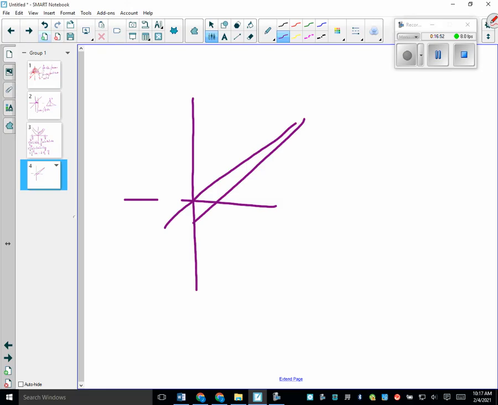Mine do too, way up here somewhere. And you're only shading between 0 and 4? That's all you have to do. Did yours cross where? At 2.